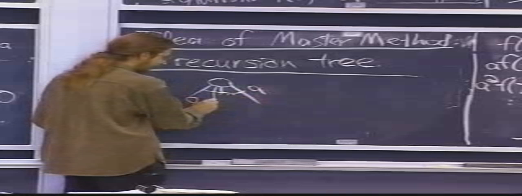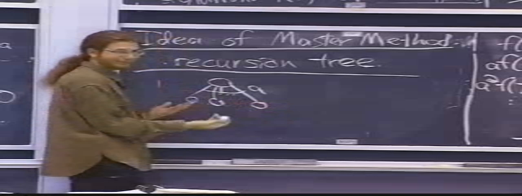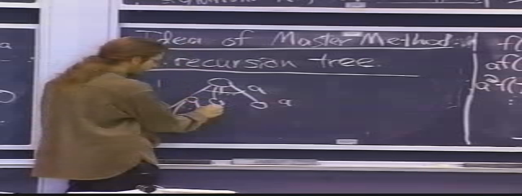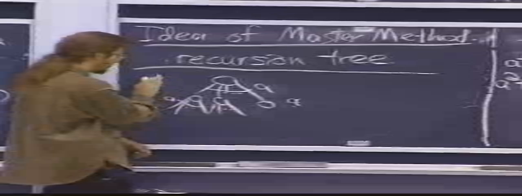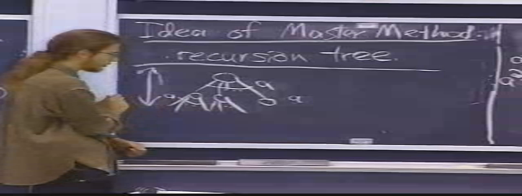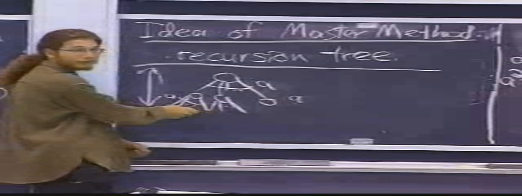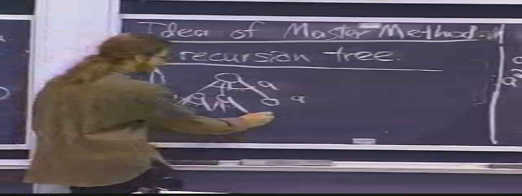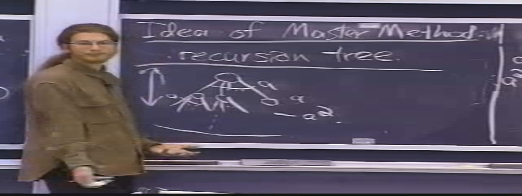The number of leaves down here is a. What if I branch again, also each time a ways? Now my height is 2. The number of leaves is a squared. Okay, this is pretty boring. We get down to the ith level. The total number of leaves is a to the i.